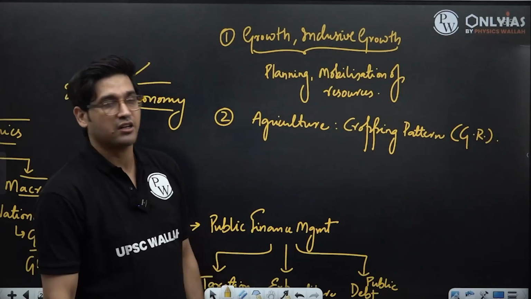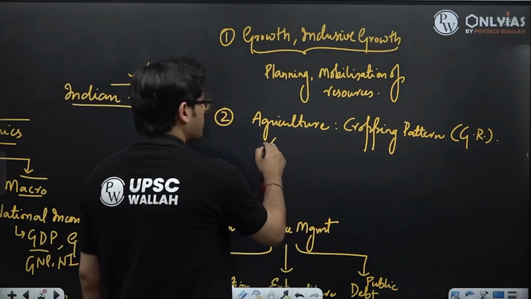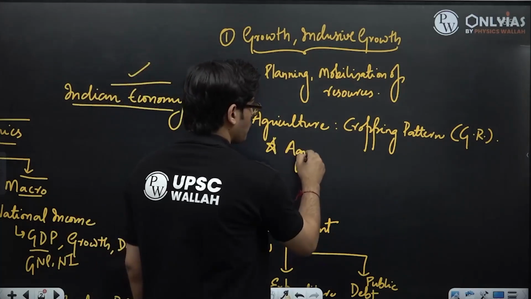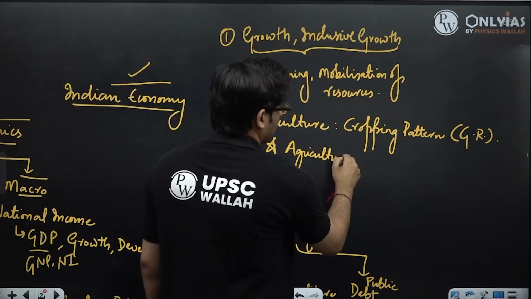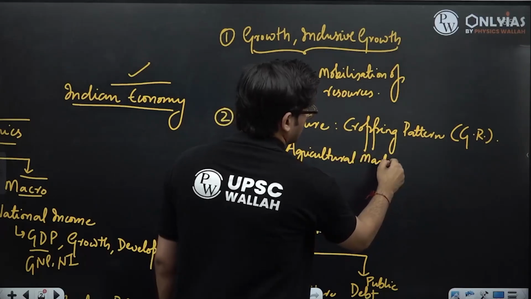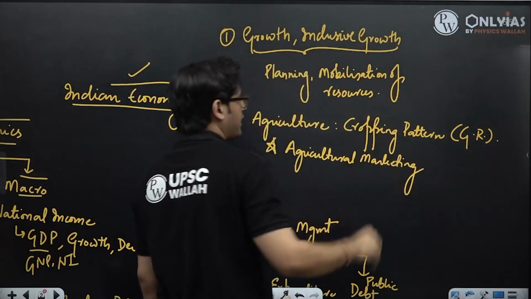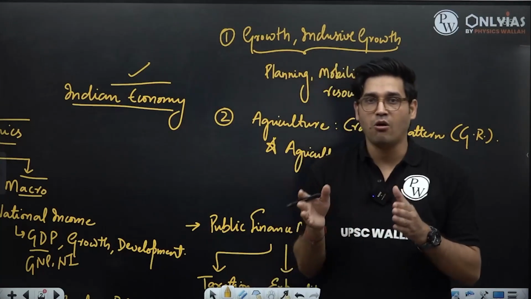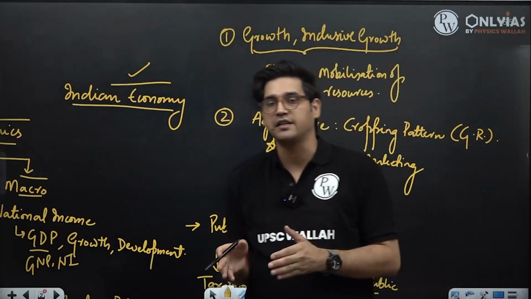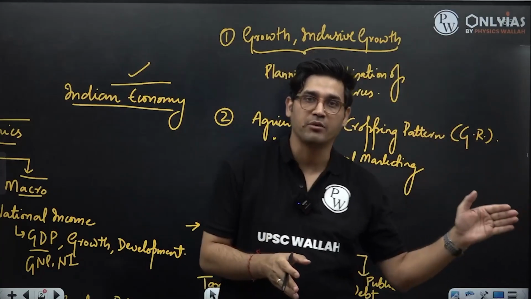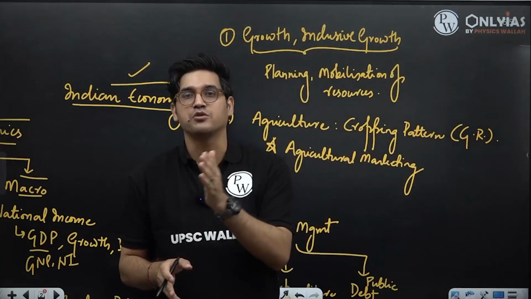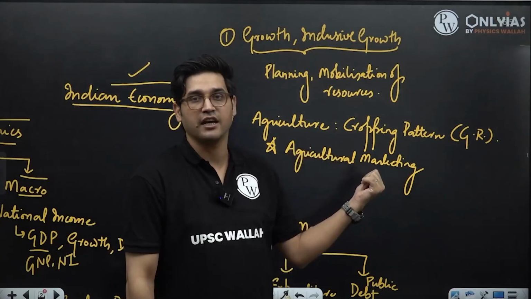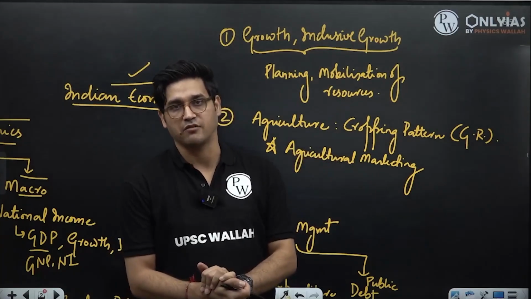Not just the cropping pattern, the most important aspect of Indian agriculture will be agricultural marketing. When you say agricultural marketing, what does it mean? It means all those business activities right from farming till the farm produce reaches your food plate. Everything included will be there in the agricultural marketing aspect of your syllabus.